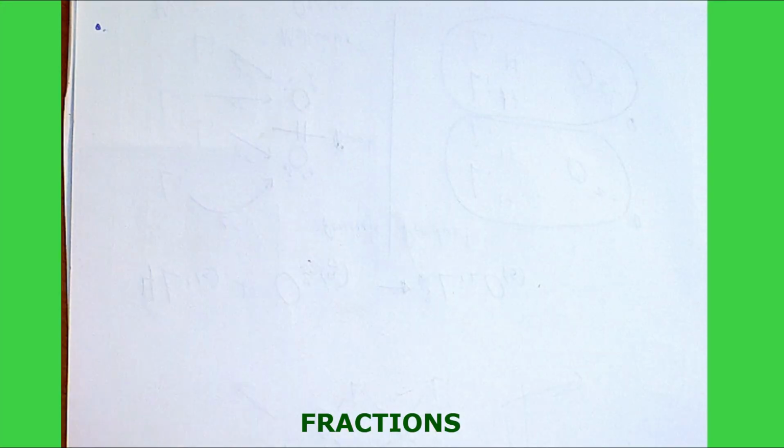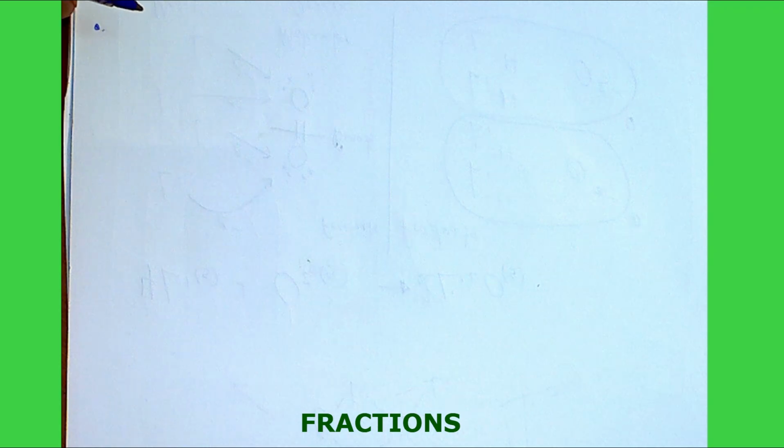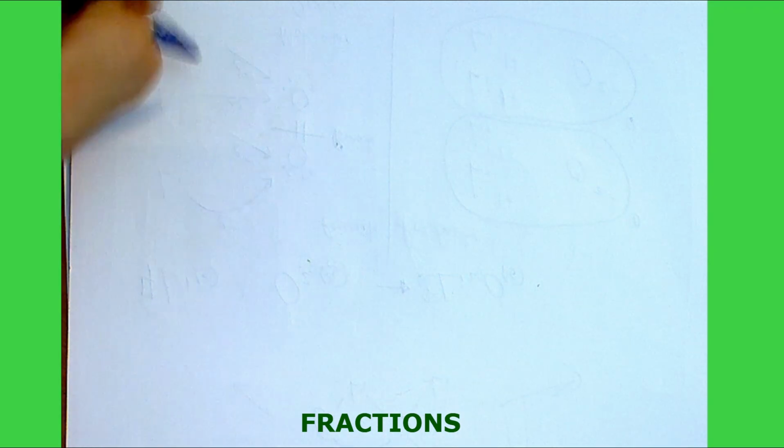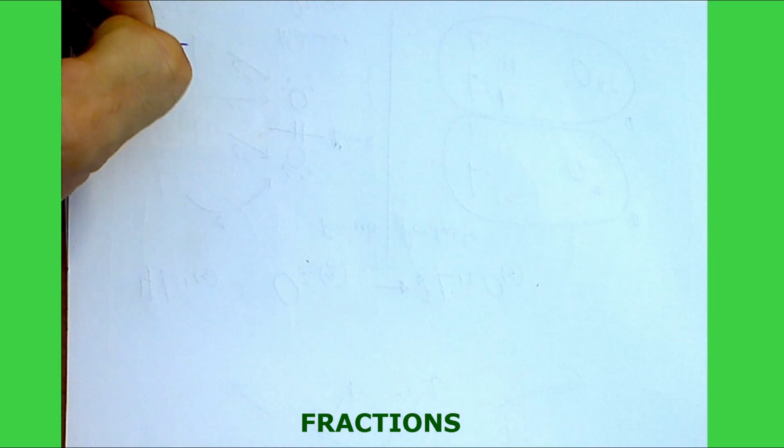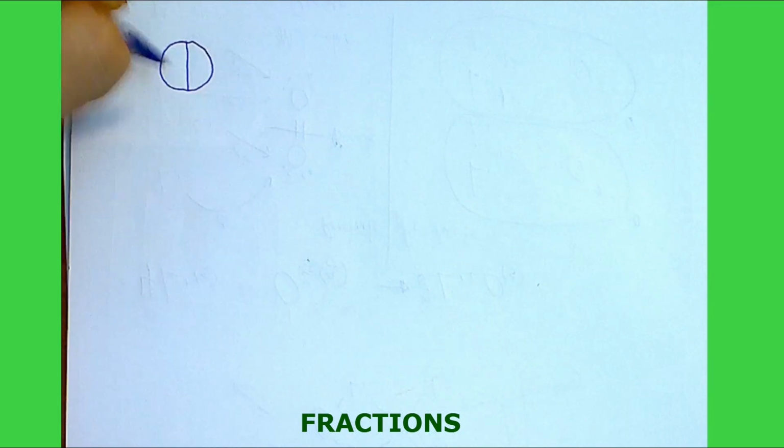And of course, once we have a conceptual understanding of what 1/2 is, we quickly have to move into a written form of fractions. And so I like to teach fractions with circles to start. And so I like to draw a circle and draw a line between the circle.